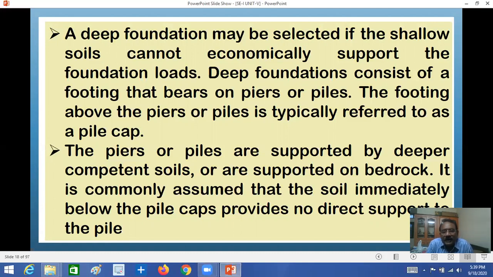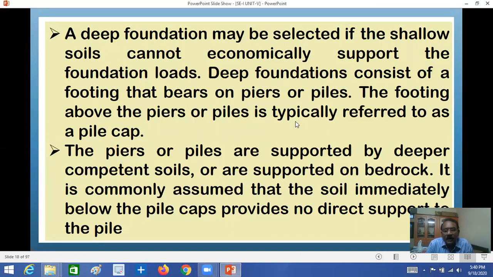Deep foundation may be selected if the soil cannot economically support the foundation loads. Deep foundations consist of footings, piers, and piles. Pile foundation is a separate design and a separate subject. Pile foundation is also very important.